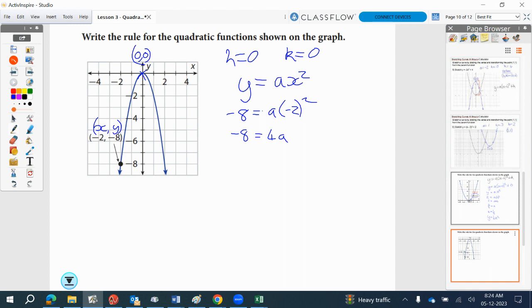What did we get as our solution? Negative 2. So, divide both sides by 4. Negative 2 is equal to a. This is the function y equals minus 2x squared.